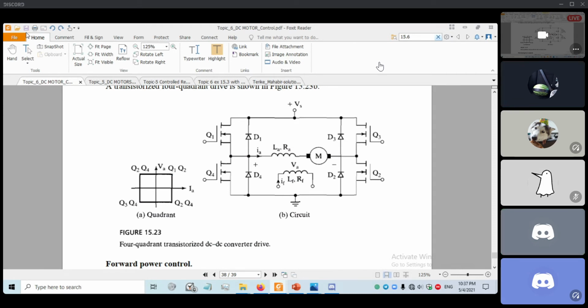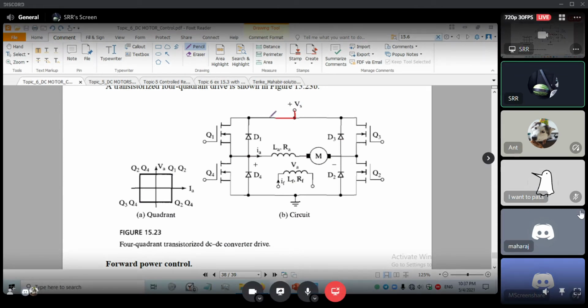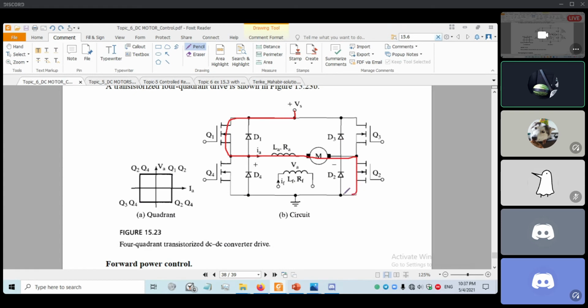Okay, so forward power control, that is for forward motoring. Q1 and Q2 are turned on to give us this circuit here. Everything else is off.